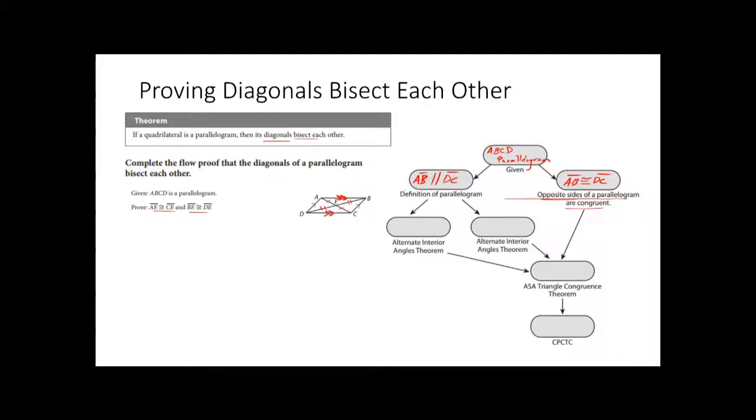So we just proved that this side is the same as that side, based off the idea of opposite sides of parallelograms being congruent. We do have alternate interior angle theorem going on here because of AB being parallel to DC. So we have angle ABE being congruent to angle CDE.